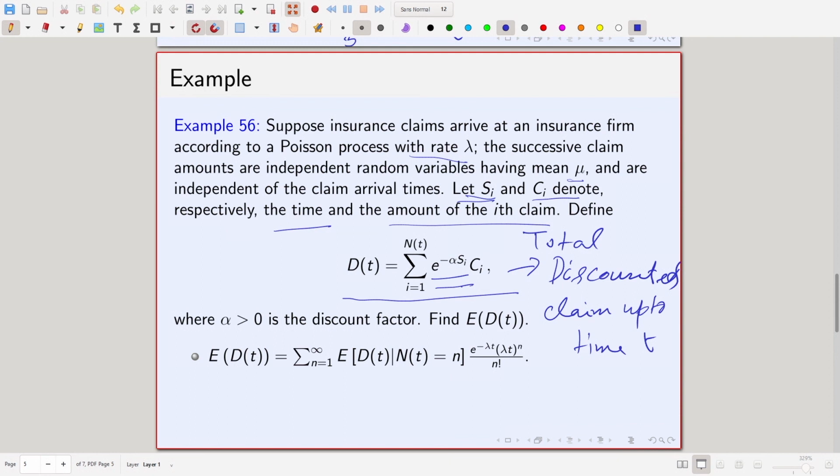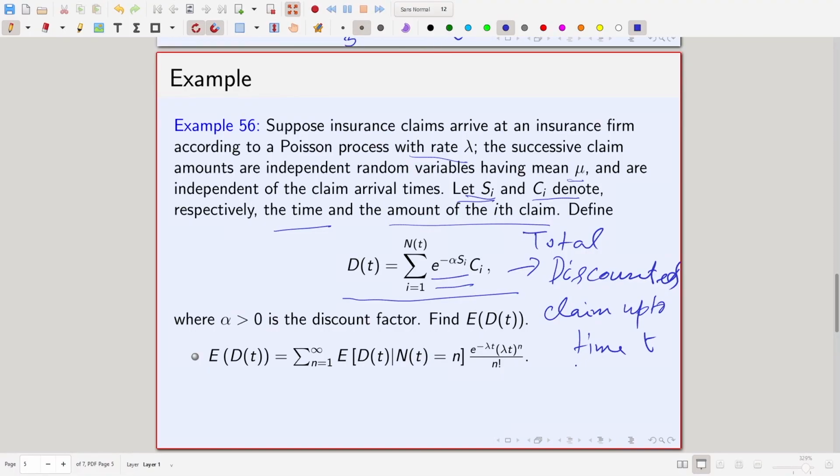So this is the total, because you are doing the analysis today, but the claims will come in future. From the insurance firm's point of view, it is very important to know, up to a time t, what will be the total amount of claim that will arrive. But because you are doing the analysis today, you have to discount the future claims because of the time value of money.